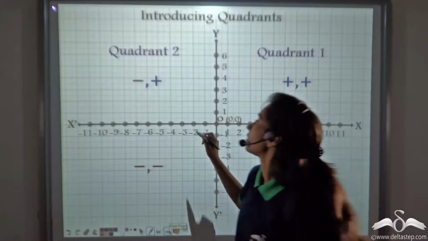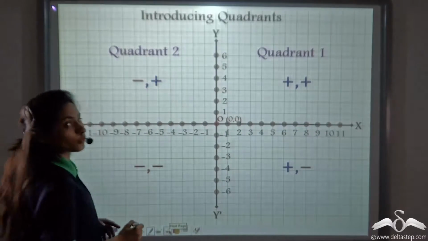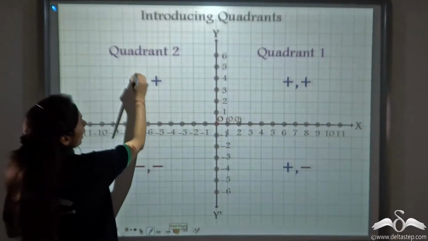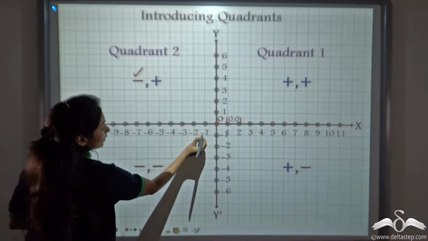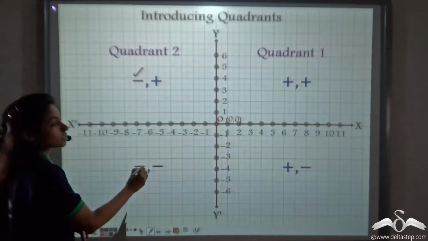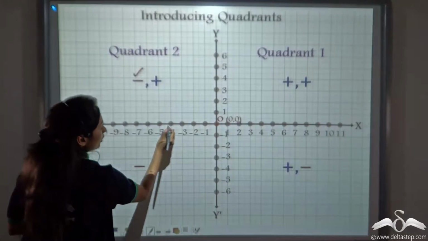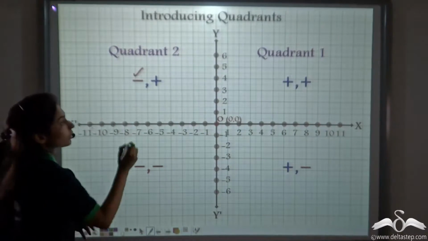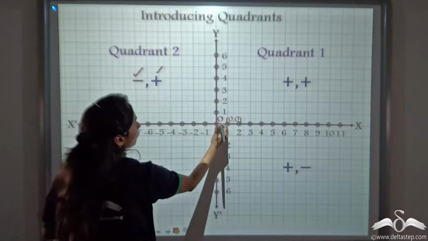In the same way, we are having quadrant 2, where x coordinate is negative. You can see in this quadrant, any point that lies in this quadrant will have x coordinate as negative and y coordinate as positive.